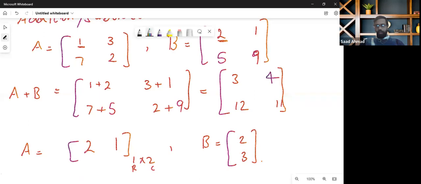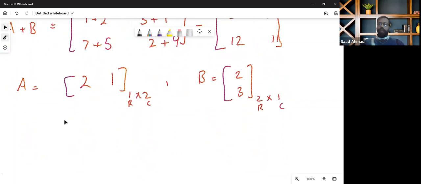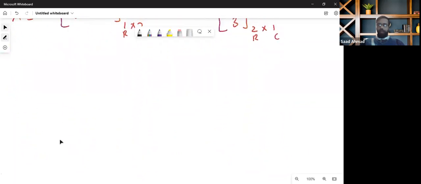So this is 2 cross 1, so 2 rows and 1 column. So the question is, how will we add them? Because now the entries don't correspond to each other, right? In those scenarios, you cannot add them or subtract them. You can only add or subtract the matrices that have the same dimension.